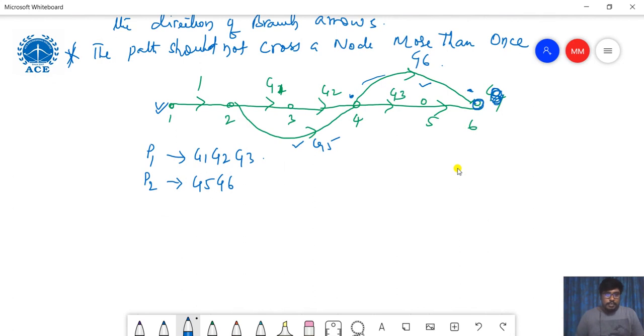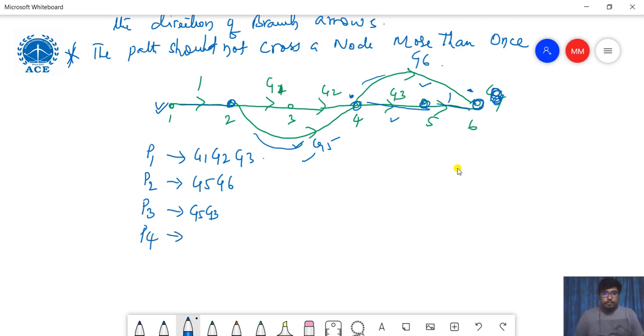See, any more paths? P3. Can I say this is also another path? Node 2, node 4, and G3, this is node 5, with gain 1 here. So that one will be G5, G3, and this one is 1.